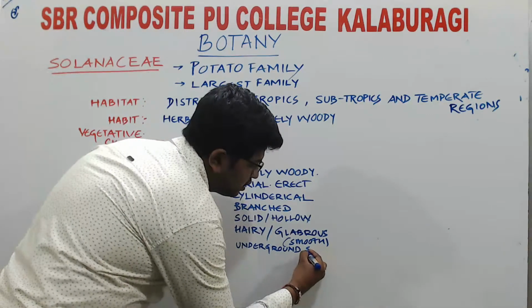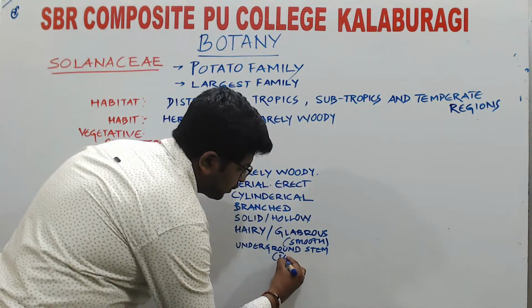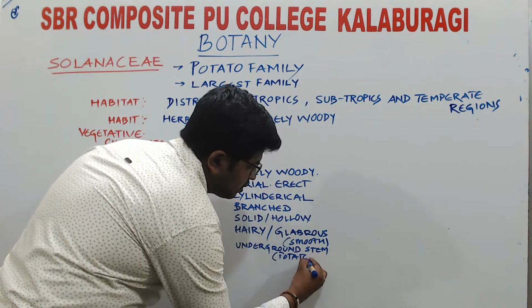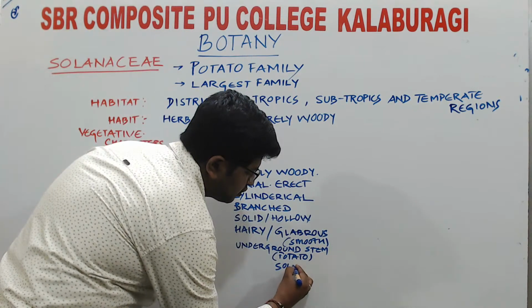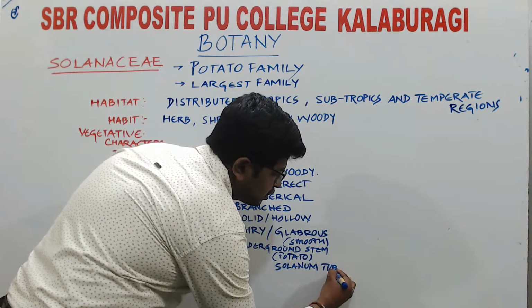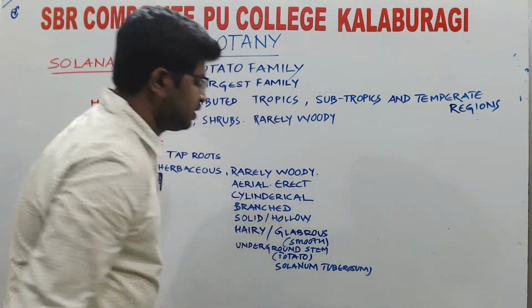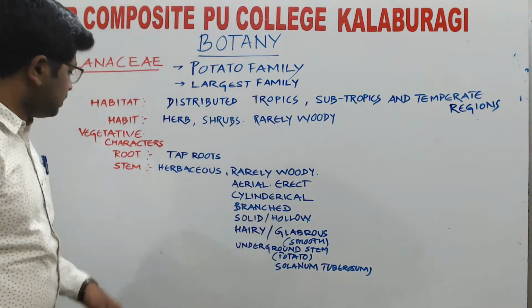And you may see an underground stem, such as in potato, that is Solanum tuberosum. I'll explain it.